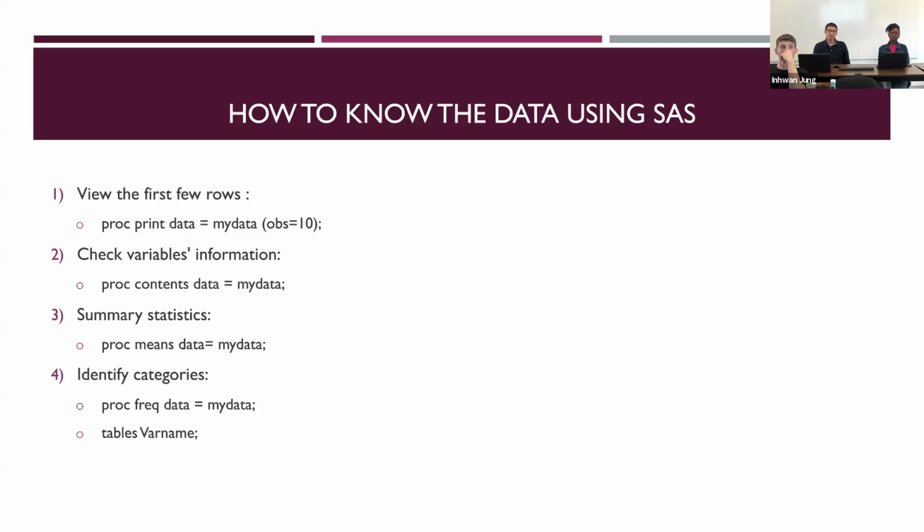You will see this command later. The next command is PROC MEANS. The PROC MEANS statement provides summary statistics such as the mean, standard deviation, minimum value, and maximum value.